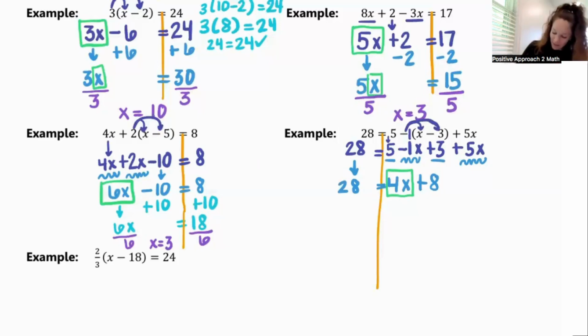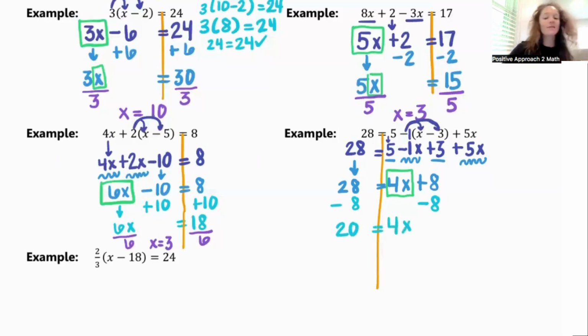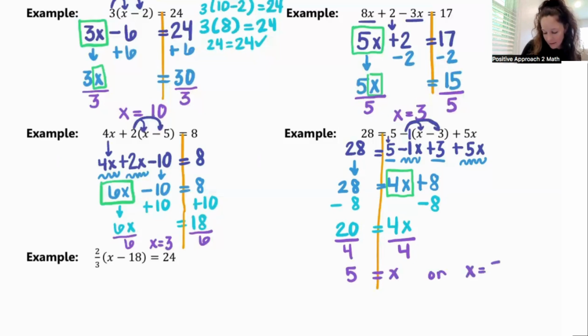And I do that by subtracting 8, leaving me with 20 equals 4x. And last but not least, I have 4 times x. So I want to divide both sides by 4. And so that's going to leave me with 5 equals x, or we can write that as x equals 5.